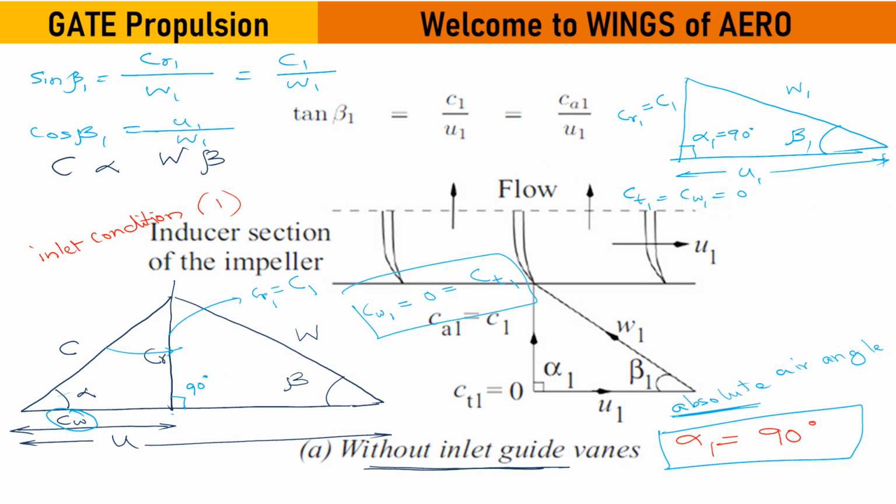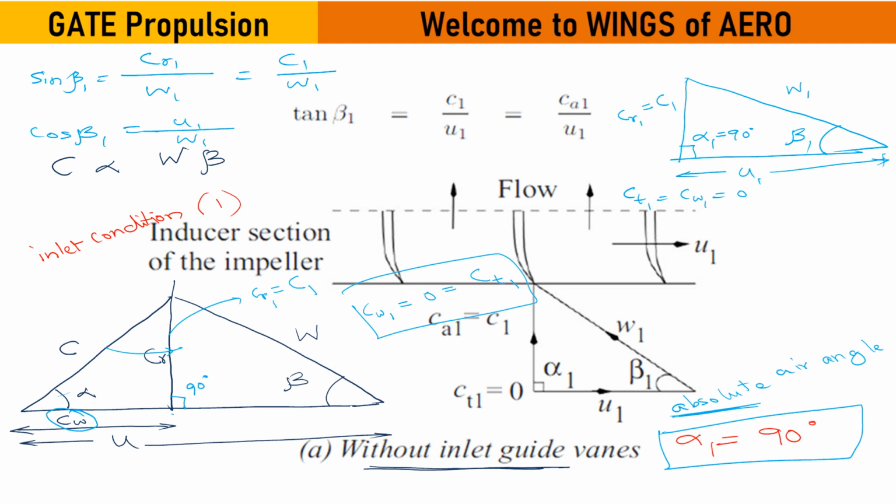Now from this particular section, what different types of questions can come? One is a problem where they might mention that this is an inlet guide vane problem, and from that they will specify some parameters and ask you for the unknown parameter.